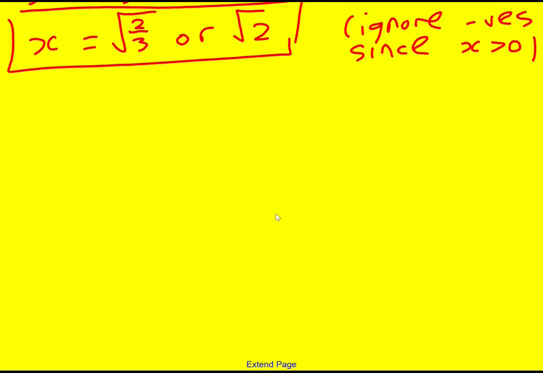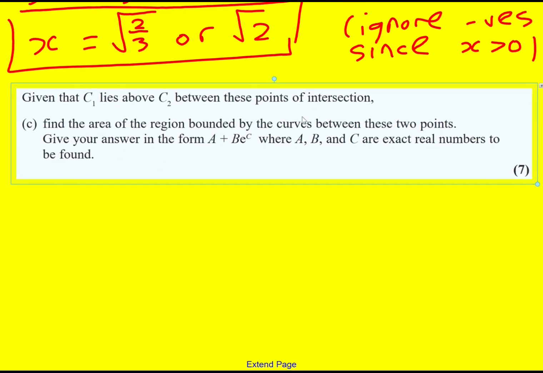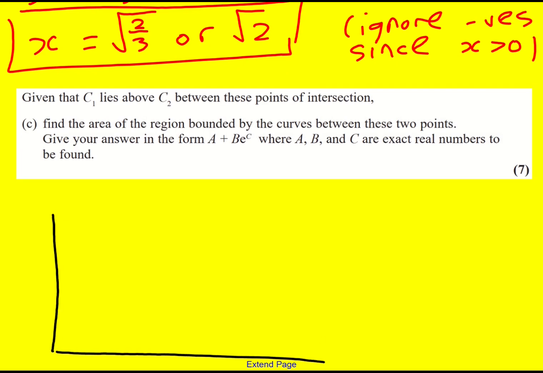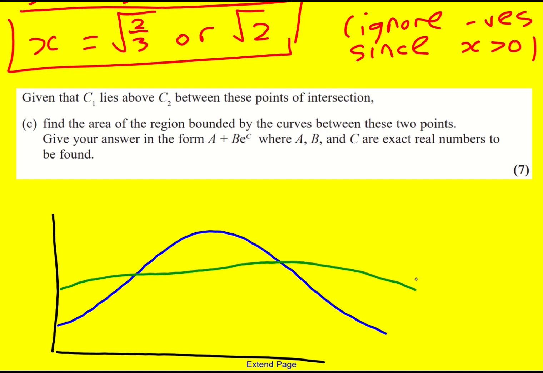This leaves us with part C, the hardest but the best part. We're told that C1 lies above C2 between these two points of intersection. I'll put C1 here, we don't know what it looks like, but it's just to demonstrate, and then C2 is going to be like that.